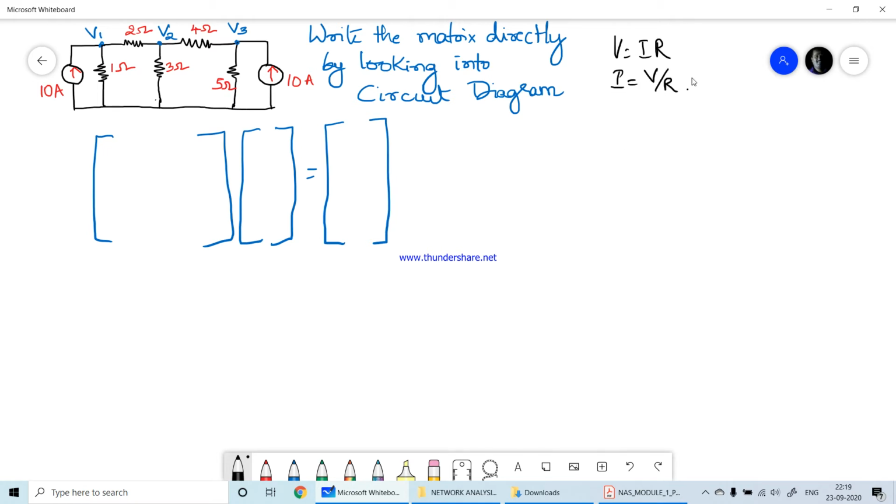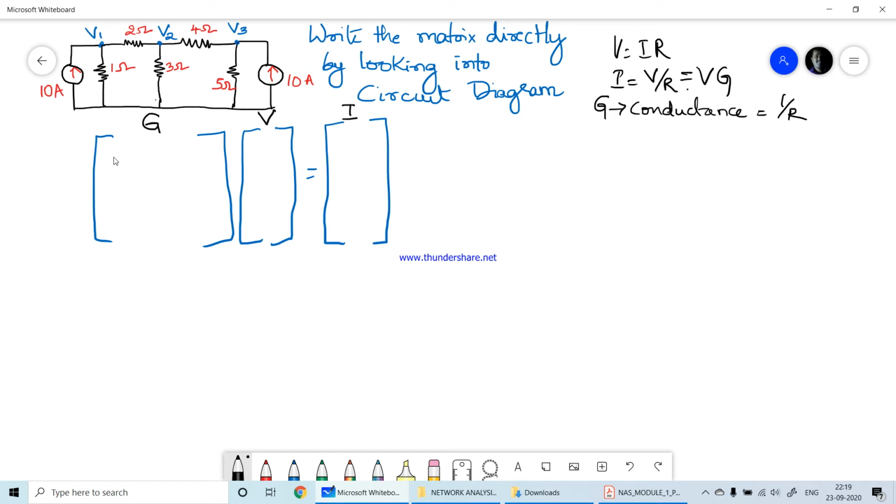So V by R is nothing but V into G, where G is conductance, which is the reciprocal of resistance. Therefore, this will be the G matrix, this will be the V matrix, this will be the I matrix.